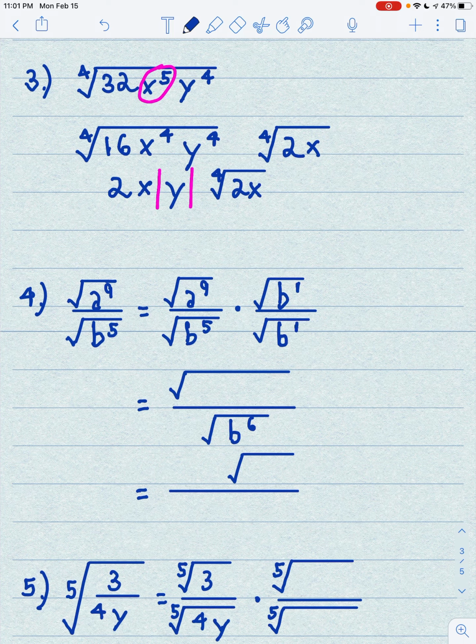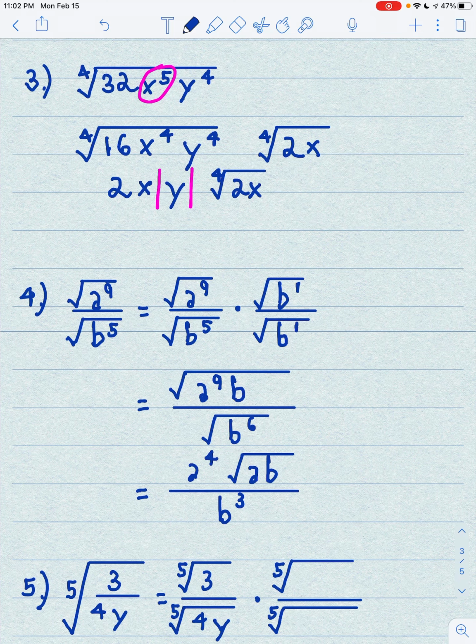In the numerator, that means I'm going to get a to the 9th under the radical times b. So I've got to think about how I can break up. Hopefully you understand 9 is not evenly divisible by 2, but 8 would be, and the square root of a to the 8th would be a to the 4th, and that would leave me with one extra factor of a that goes along with the factor of b, and then in the denominator, 6 divided by 2 is 3, so that becomes b to the 3rd.